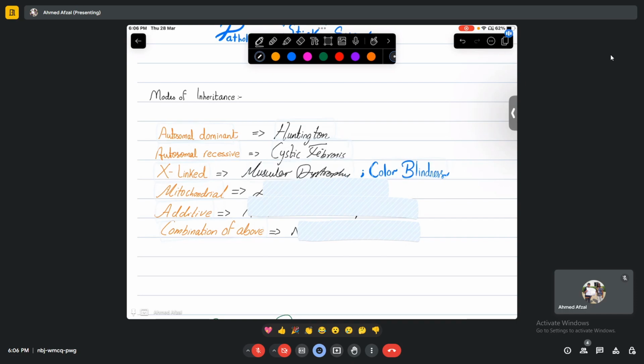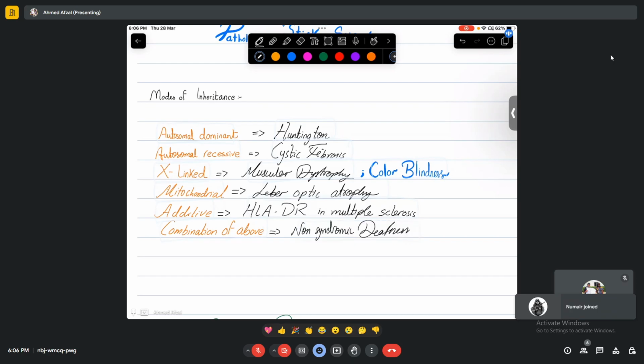For mitochondrial, there's Leber optic atrophy, and for additive, it's the HLA class 1, multiple sclerosis. And this was the nine something. Non-syndromic deafness. Okay.